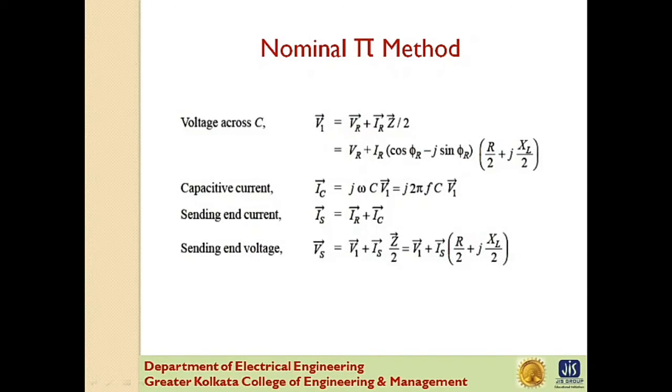Let me summarize. The voltage across C is V1, equal to Vr plus IR (cos phi r minus j sin phi r) into (R by 2 plus jXL by 2). The capacitive current IC is equal to j 2 pi f C into V1. The sending end current Is is equal to IR plus IC. And the sending end voltage Vs is equal to V1 plus Is into Z by 2. By putting in the value of Z, we get V1 plus Is (R by 2 plus jXL by 2).